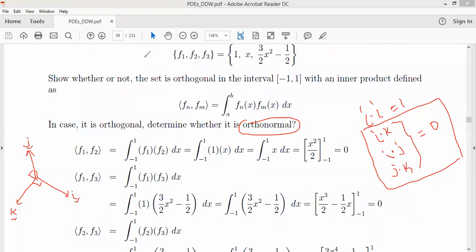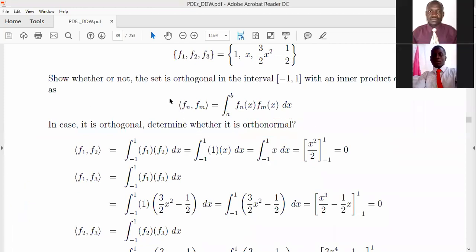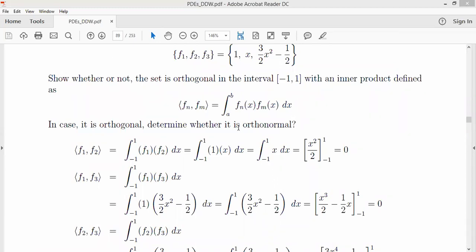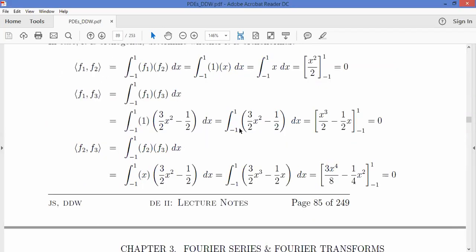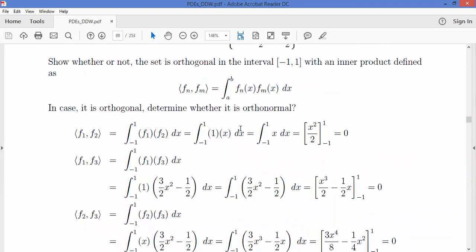Okay, let's continue. I think this is now really understood, given the illustrations I have made. So that was to do with the first example.